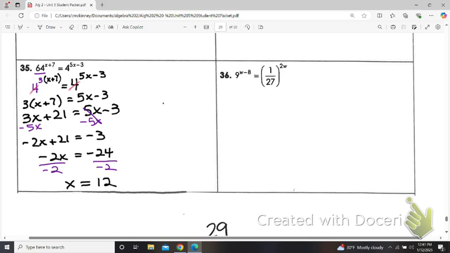27 is not a power of 9. So in number 36, we would have to change both to something smaller. And in this case, the something smaller would be 3. So if you want to pause me, try the problem using bases of 3, and then come back to see if you're right.